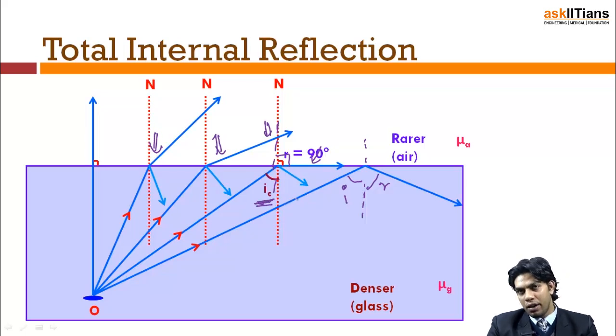That is, if my angle of incidence is greater than the critical angle, all of the light rays will undergo reflection. Not even one single light ray will undergo refraction. Everyone will undergo reflection. So that's why it's called total internal reflection.